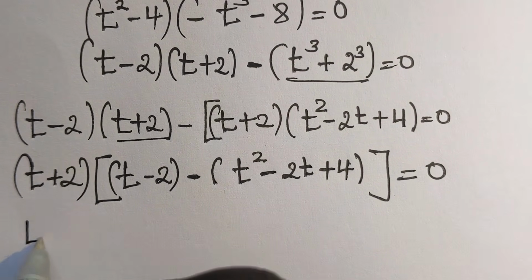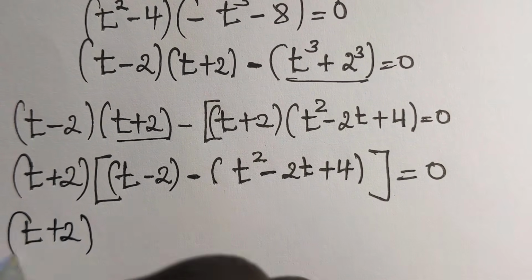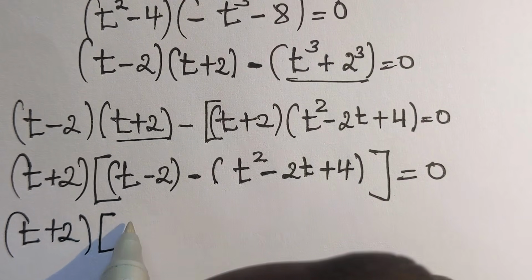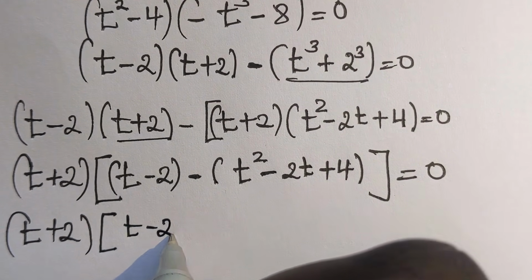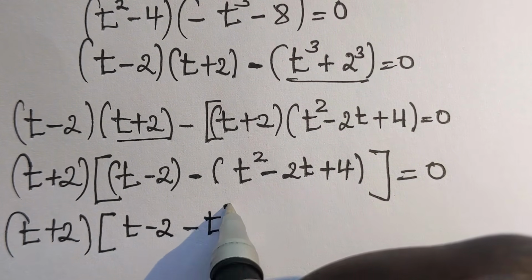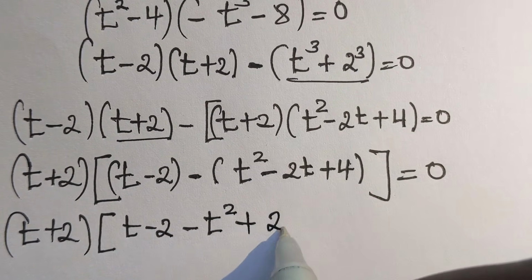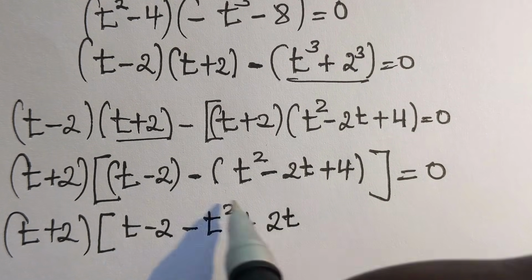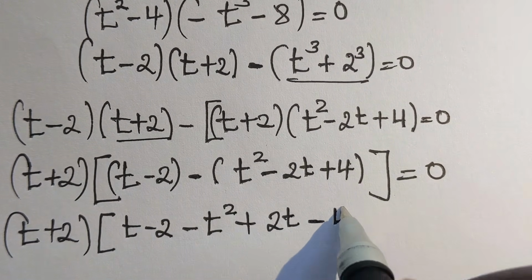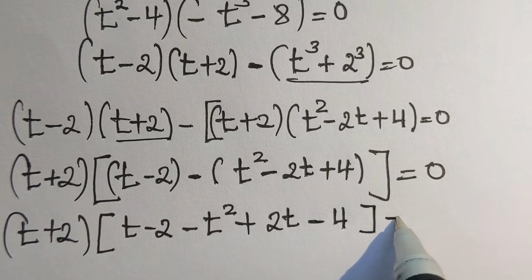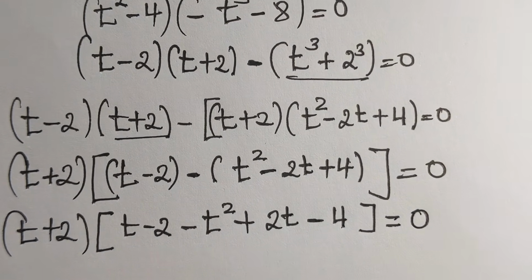So here we get T plus 2 open bracket of T minus 2 minus T squared plus 2T, then minus 4, close bracket equals 0.